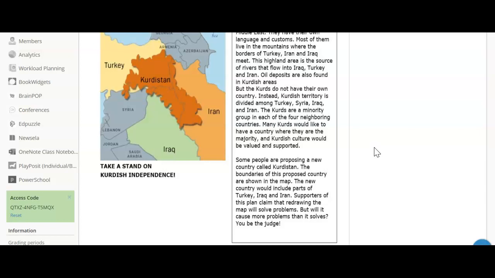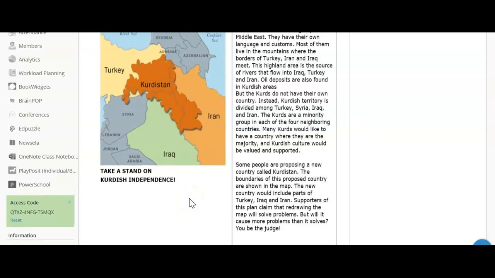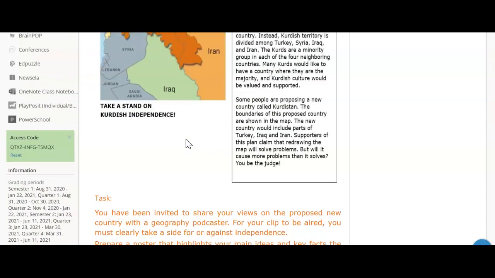You be the judge. All right, so your task is you have to take a stand on this. Do you believe that the Kurdish people should receive independence and become a political nation? Because right now, they are part of 4 different nations. Should we redraw the political lines and give them their own land called Kurdistan?